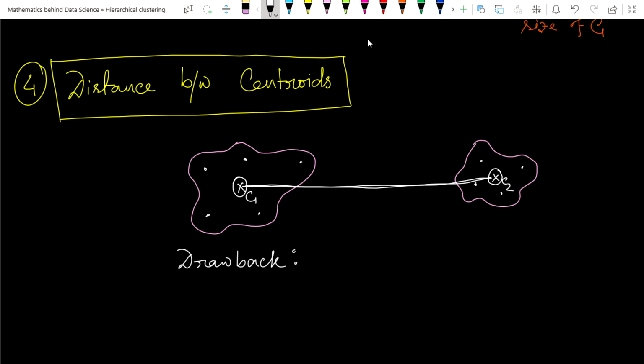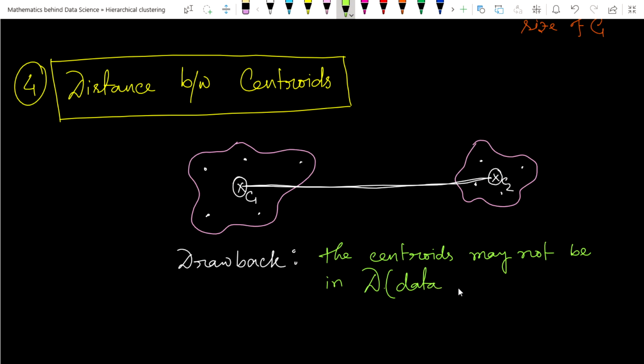The main drawback of this clustering technique is that sometimes the centroids may not be in your data set.